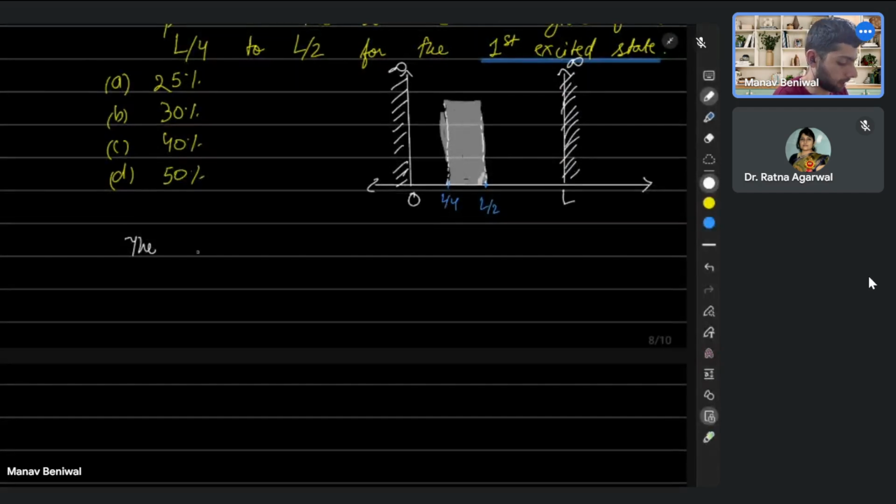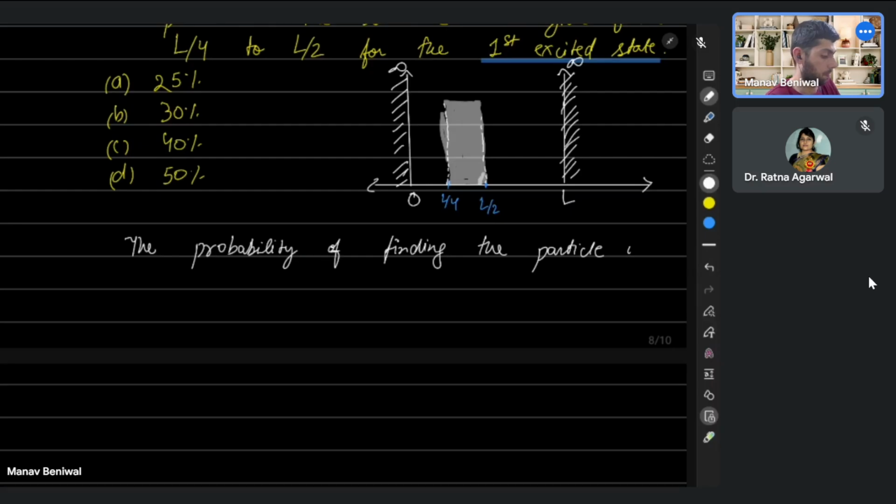The probability of finding the particle, let this be P, and this will be the integral from L by 4 to L by 2 of mod psi n squared dx.